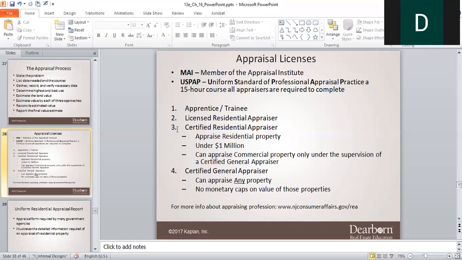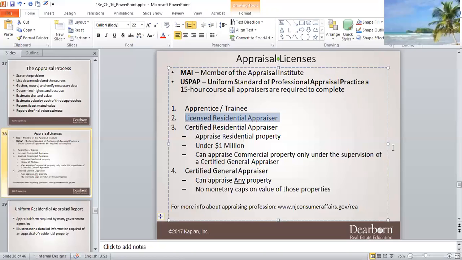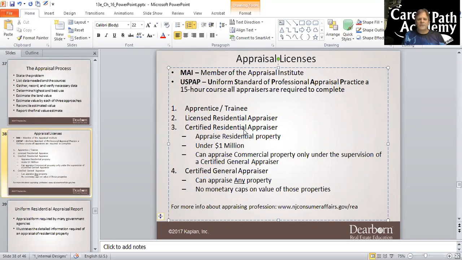Now, here are the 4 appraiser license types. You start off as an apprentice trainee, then you graduate to become a licensed residential appraiser, then a certified residential appraiser. Certified residential appraisers can appraise residential property only under $1 million.